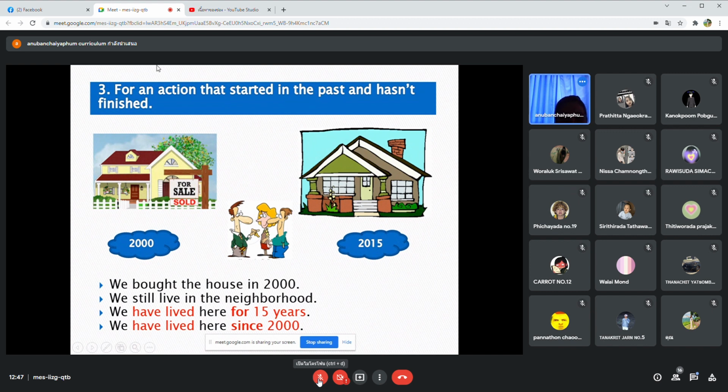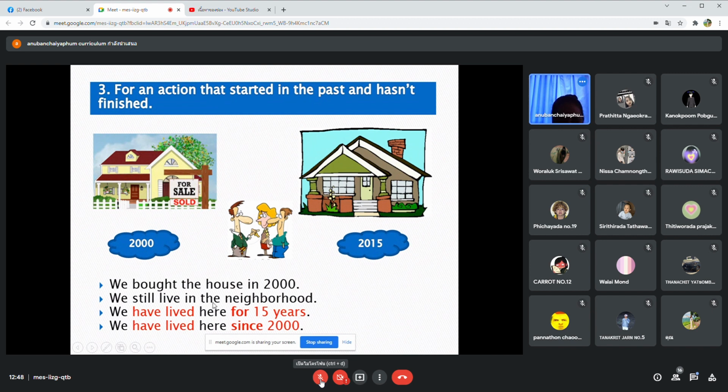Okay. So in this use, the third use of the present perfect tense is if the action started in the past but hasn't finished yet, meaning it continues. In the past, they bought the house in the year 2000.